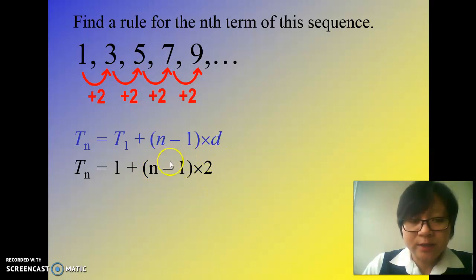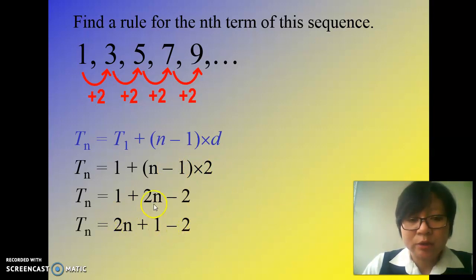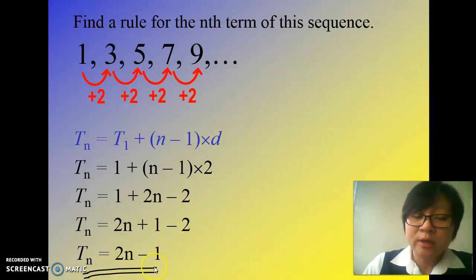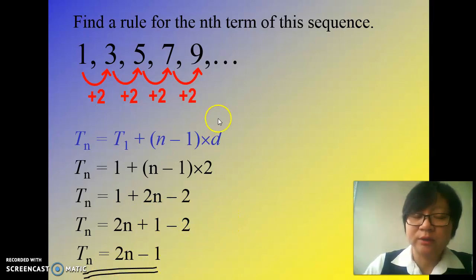You need to expand the brackets, so you need to multiply 2 by n and then multiply 2 by -1. After that, rearrange, put the 2n in front of the constants, and then simplify. So the nth term is 2n minus 1. This is the example to find the nth term.